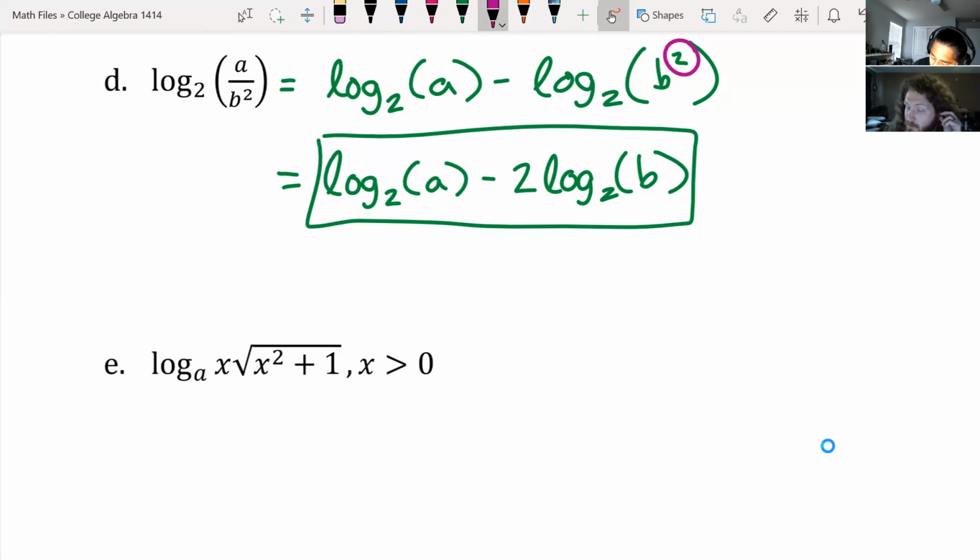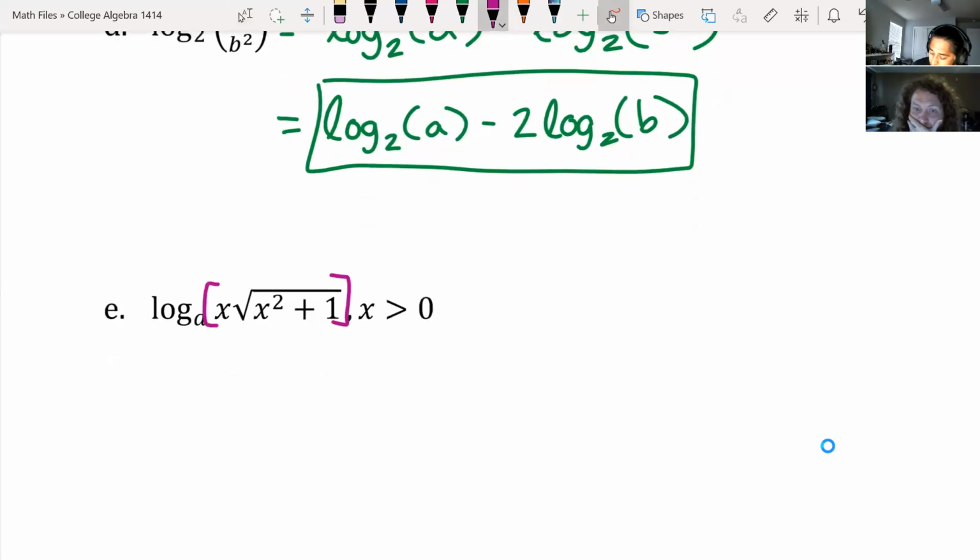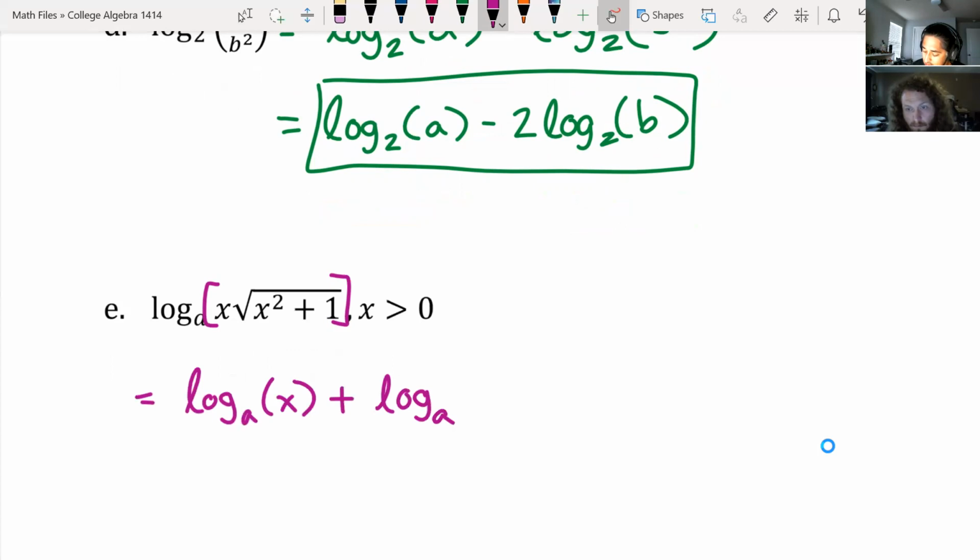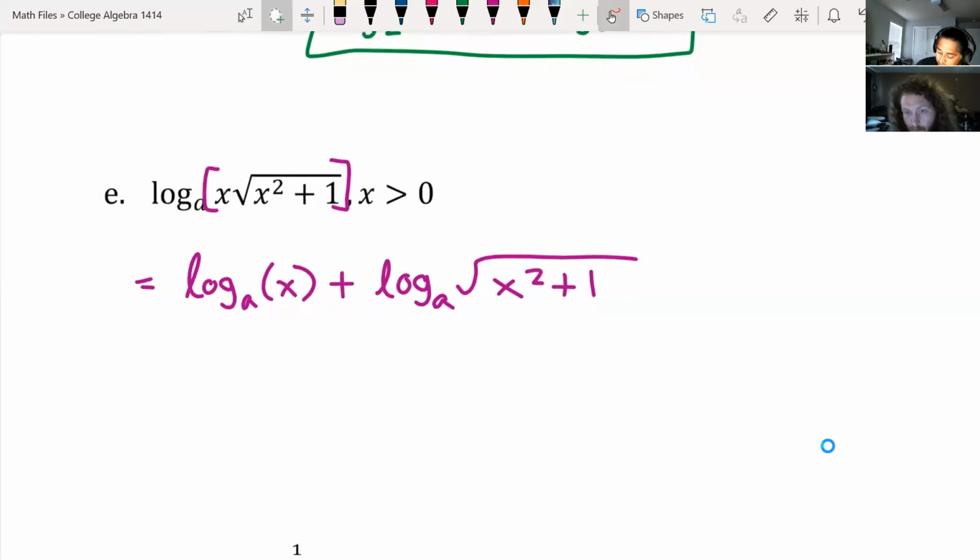Okay. So for this log, we see that there are 2 terms inside connected by multiplication. So if we expand this, you'll get log base a of x plus log base a of the square root of x squared plus 1. Well, we have some cleaning up to do.